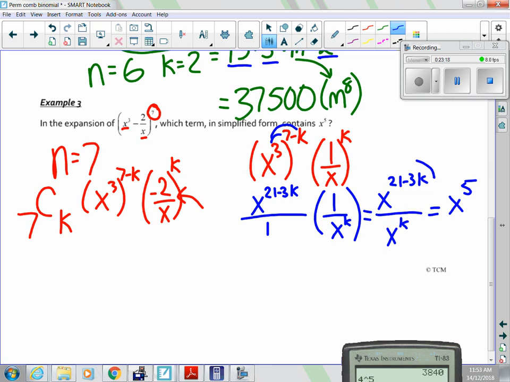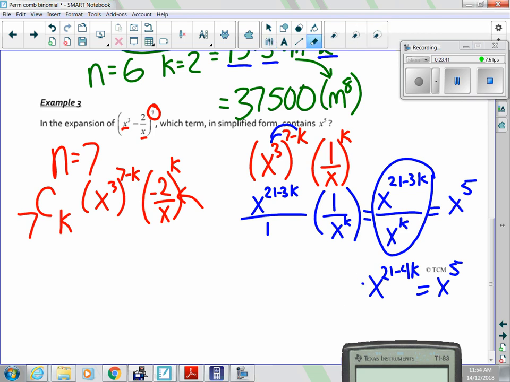And what I can now do is, now that I have the same base, I can combine my exponents. So when you have two things that have the same base and they're divided, that means we subtract the exponents. So this is going to be x to the 21 minus 4k, and it's going to equal x to the 5th. Whenever we have the same base on both sides of an equation, now we can just ignore the base and deal only with the exponents.